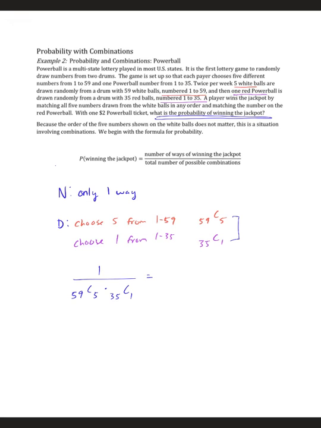Using your calculator, you get 175,223,510. So you have one chance out of over 175 million of winning the jackpot.